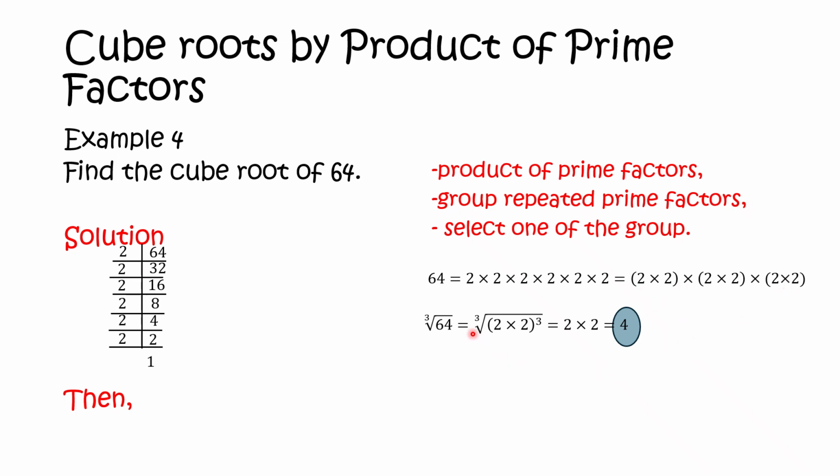Now, the cube root of 64 would be the cube root of 2 times 2 cubed. Then the cube root and the cube will cancel out so that we are left with 2 times 2, the answer being equal to 4.